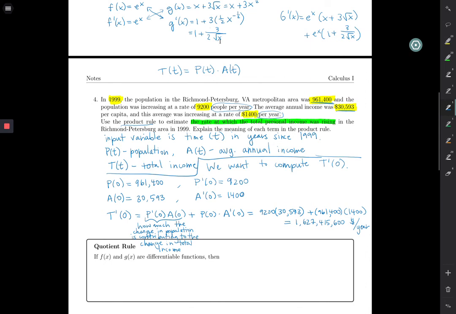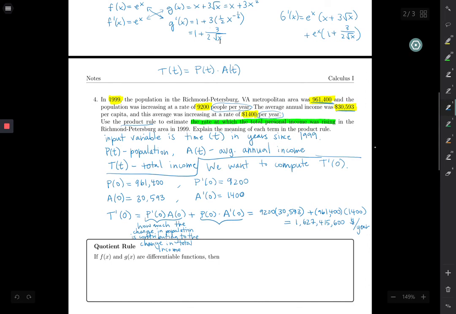So this is sort of like assuming that the average income is going to stay fixed, and then figuring out how much the change in population is going to create a change in the total income. But then also the fact that the average annual income is increasing is going to increase the total income, right? So that is taken into account by the second term.